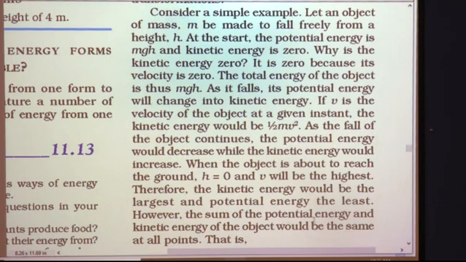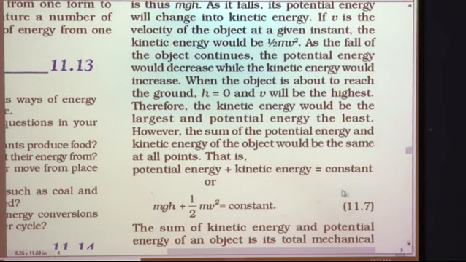However, the sum of potential energy and kinetic energy of the object would be the same at all points. So, what is the sum of potential energy and kinetic energy called in this case? It is the total energy. So, the total energy of the object would be the same at all points, that is, potential energy plus kinetic energy is equal to constant.